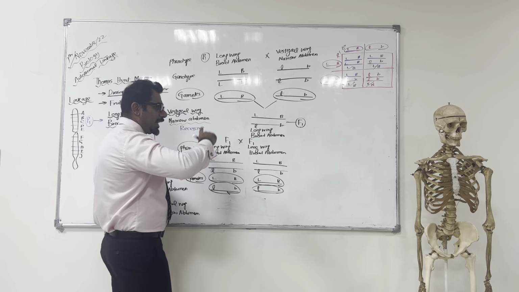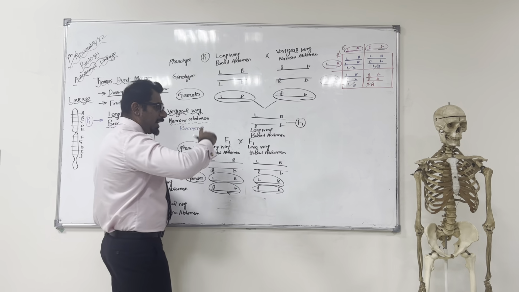Now, here we got two phenotypes again, which are actually the parental phenotypes. We got long wing and broad abdomen. Then we have vestigial wing and narrow abdomen.